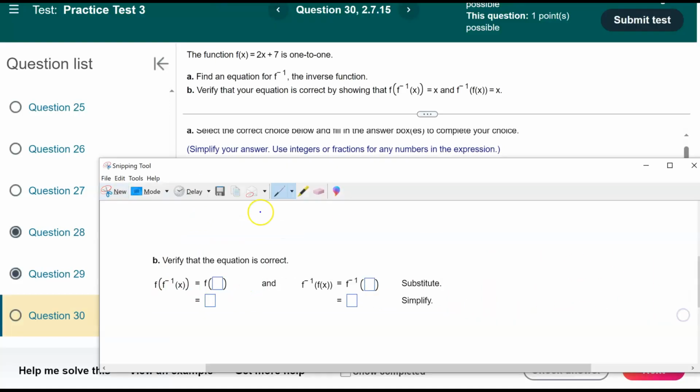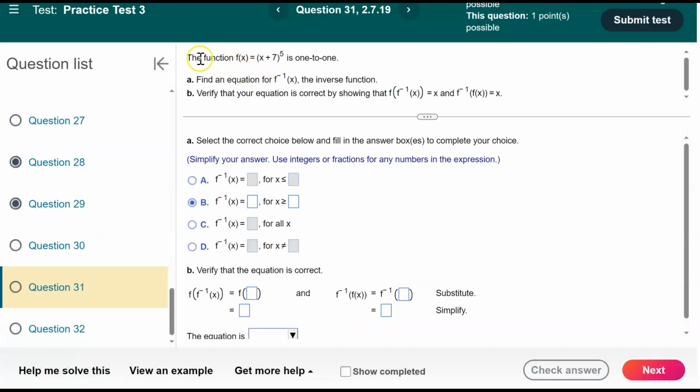What we got here is x minus 7 over 2, and that should result to x. And then here, your f inverse will be replaced by the expression for f of x. What was the expression for f of x? 2x plus 7. And when you simplify that, it should be equal to x.